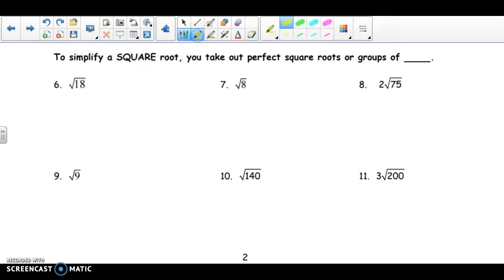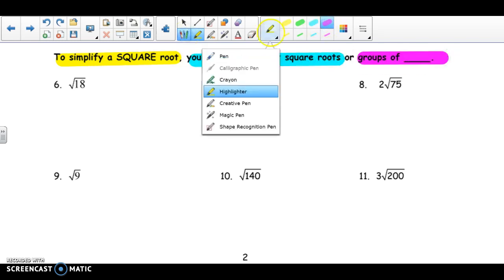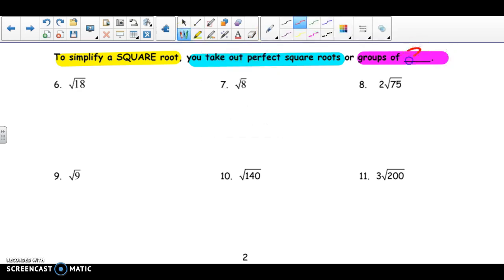The key is going to be right here. To simplify a square root, you take out perfect square roots, which is also groups of, well, it's an amount. Groups of 2 is what we're going to be taking out. So what I mean by that is I can use my old factor tree. This is 9 times 2. This is 3 times 3.